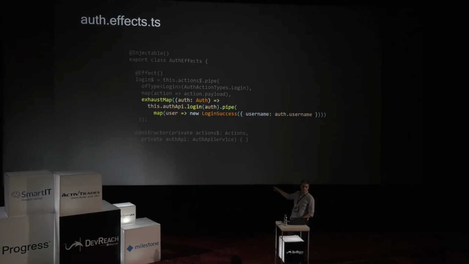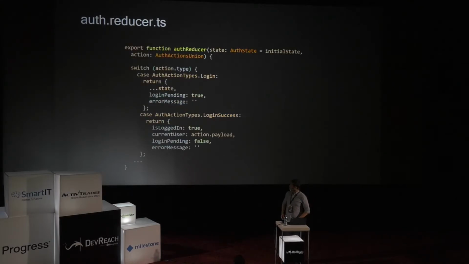So we call our remote service. We get the data back, and after that we return a new action which gets dispatched and gets processed by the store. So long story short, that's how it works.